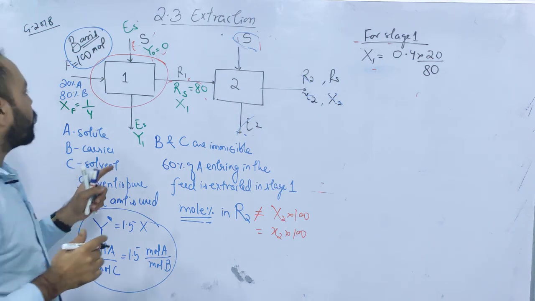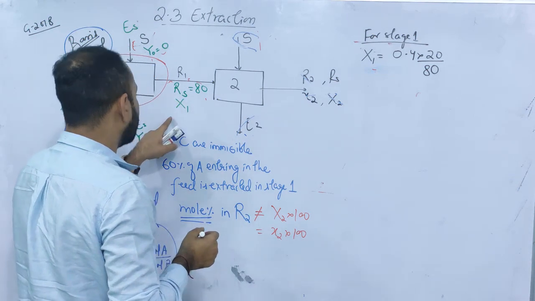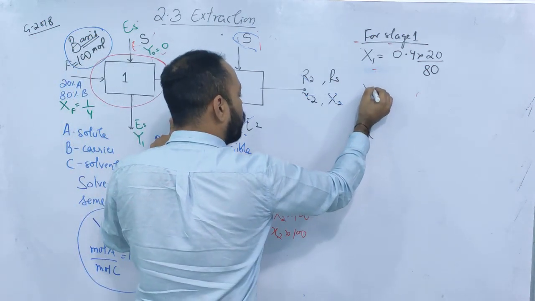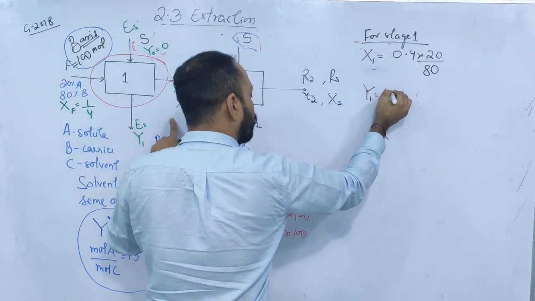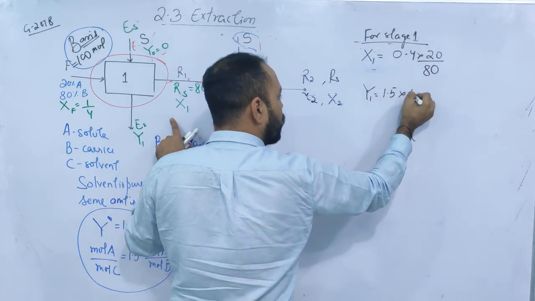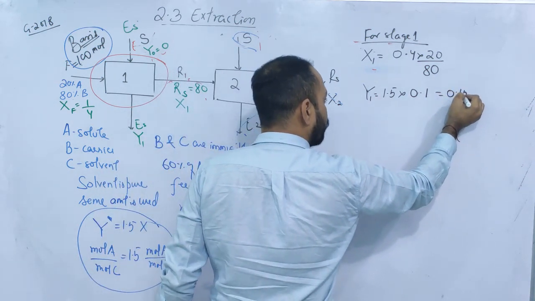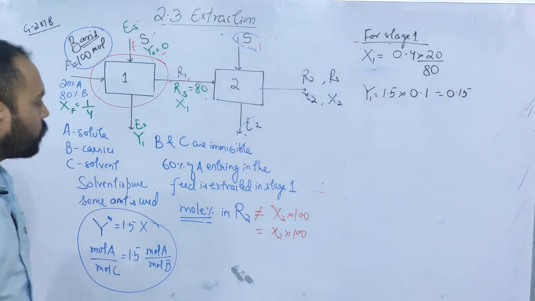So directly you can write X1 is equal to this. Fine. Now, if you use the equilibrium relation, it says that Y1 is equal to 1.5 times X1, which is 1 by 4 and that is 0.1. That is equal to 0.15. Fine.